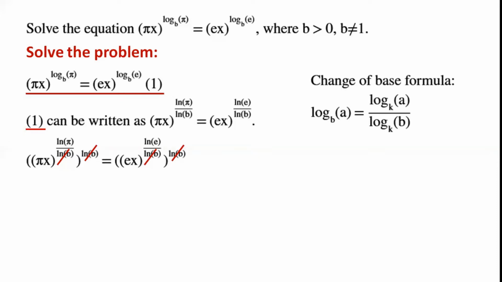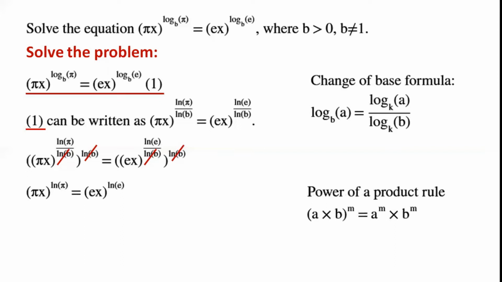Similarly, on the right-hand side, ln b in the denominator and ln b cancel. So we can now write (πx)^(ln π) = (ex)^(ln e).